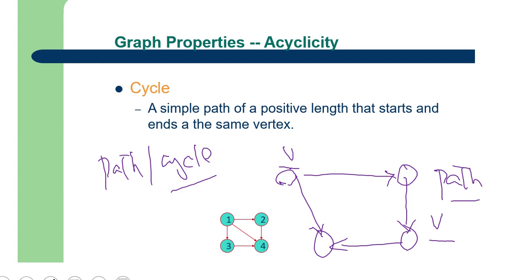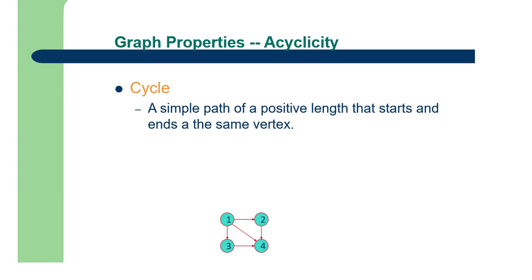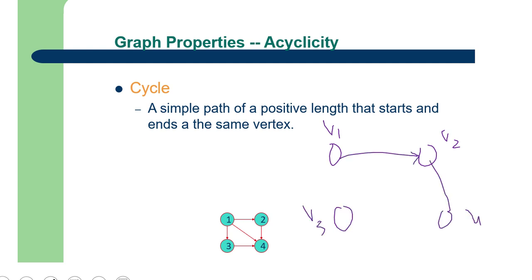For example, if we draw different vertices, this is a vertex v1, vertex v2, and there is a vertex v3, vertex v4, and we start from here, and this is a directed graph.